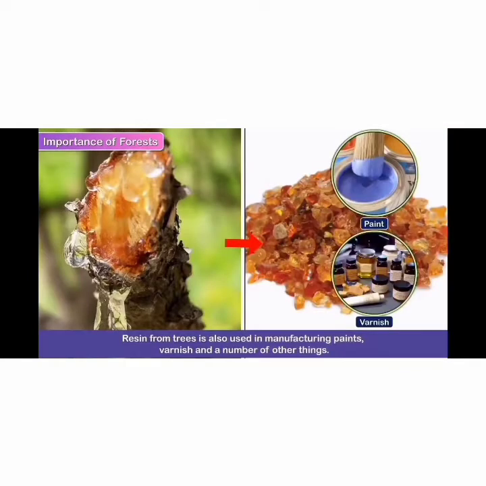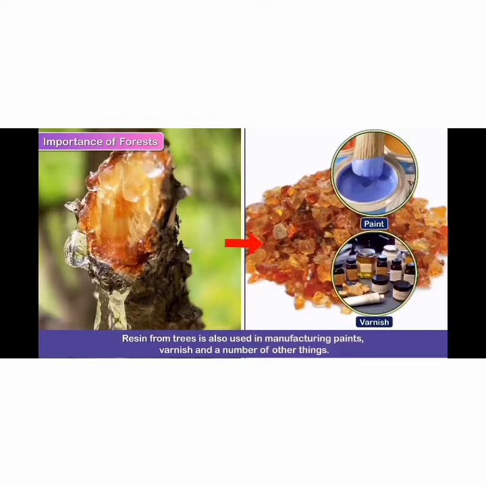Then rubber, gum, cork and the resins which are used to make paint. Cork is the bark of a cork tree. Resin is a sticky substance which is produced by certain plants.